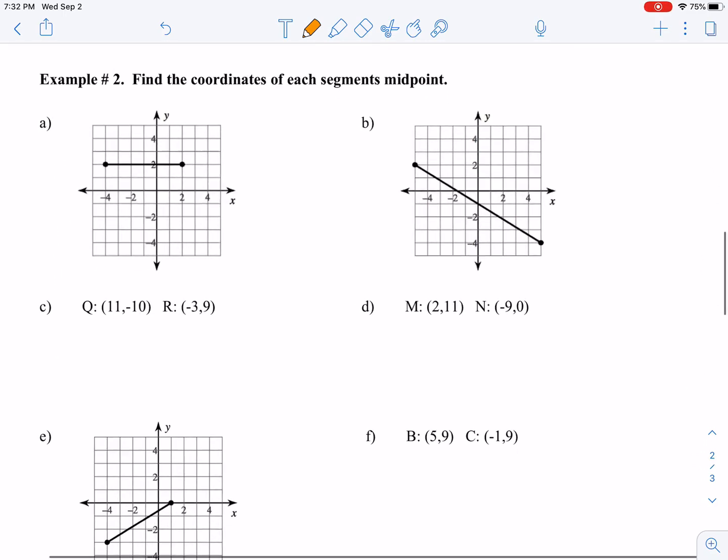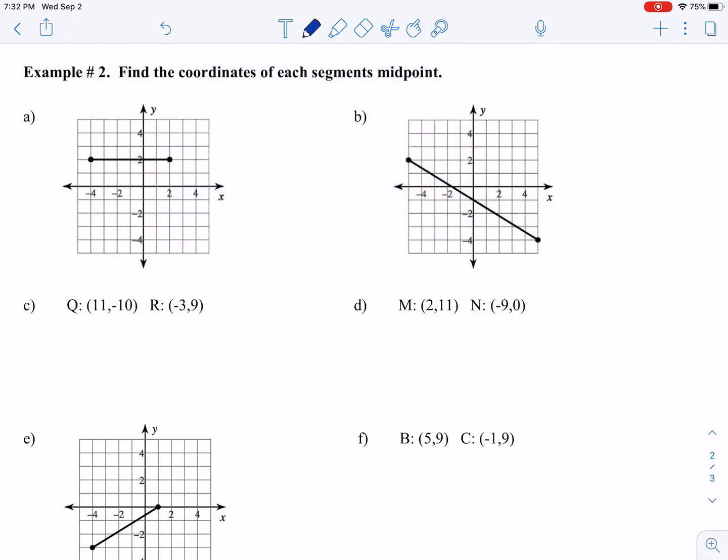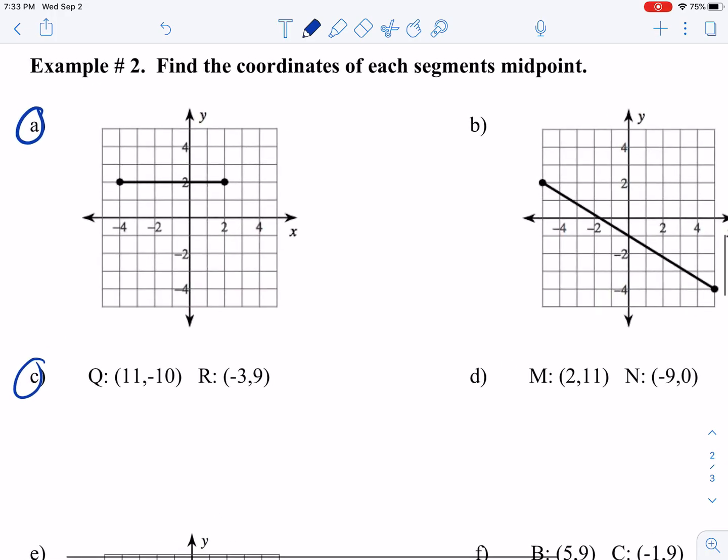Let's try example A together, and then C, where you're given 2 points without a coordinate plane, and then you'll try 2 on your own. For A, if it's just back to a horizontal line, we don't really need to label our endpoints. We can just look at the x's.